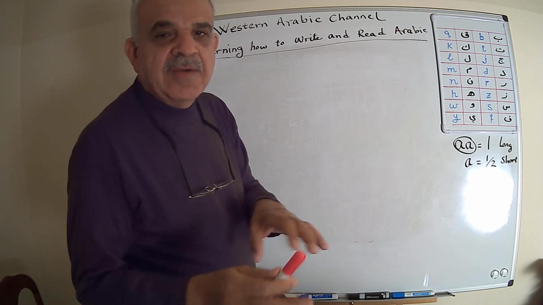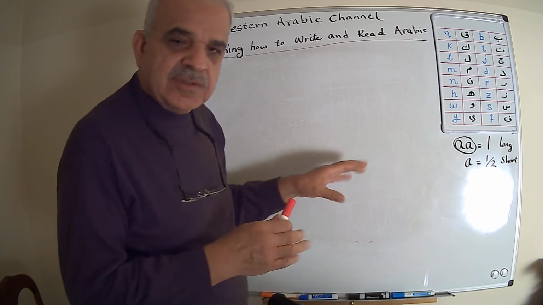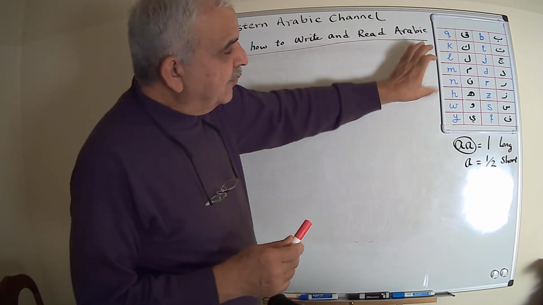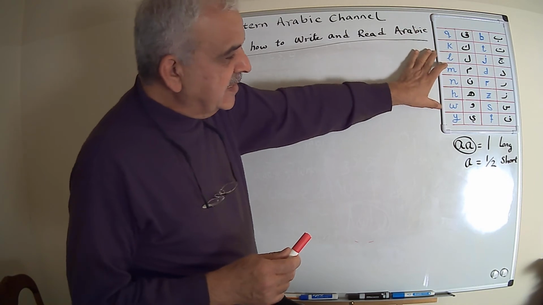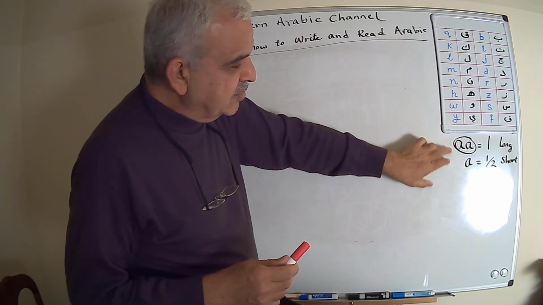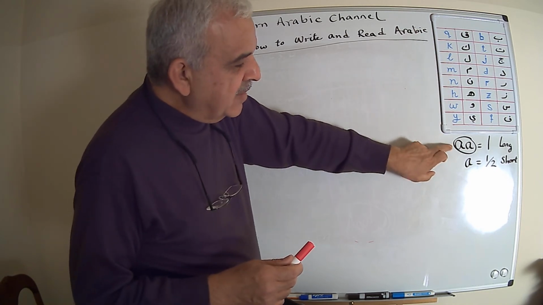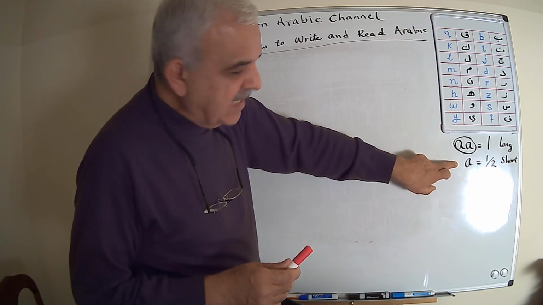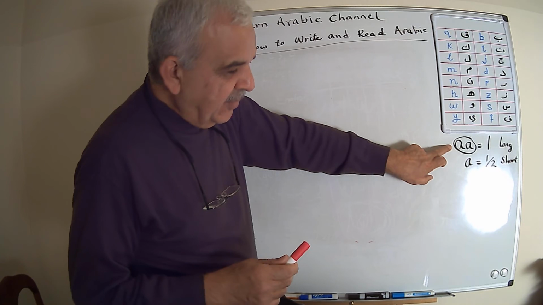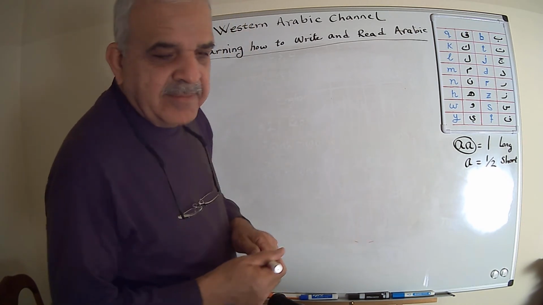So we'll find a way to find their equivalent in order to be able to write them. For now, I'm practicing using those 16 letters and a vowel.